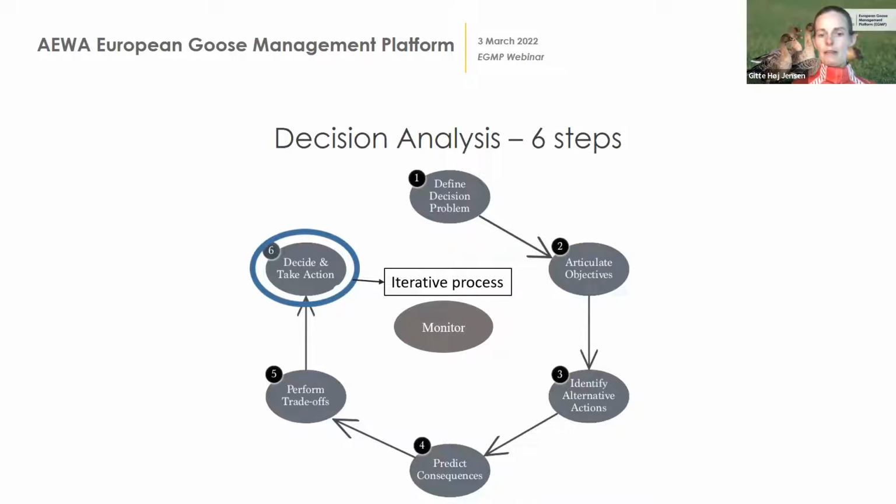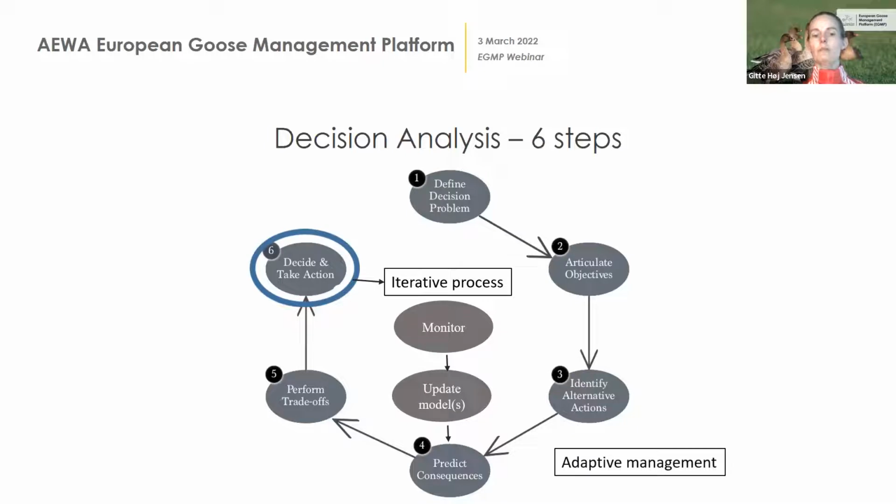And in here, we can add another point, which is updating the models. And this is where we go into adaptive management. Because if we have several models or we update our models based on our new data, we can make better predictions in the future.